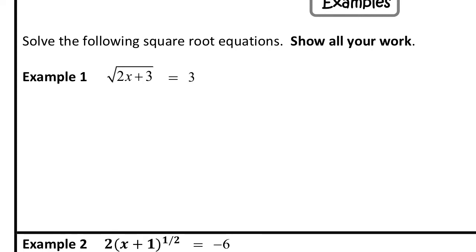So step 1 is isolate the square root on one side of the equation. So isolate means to put it by itself.